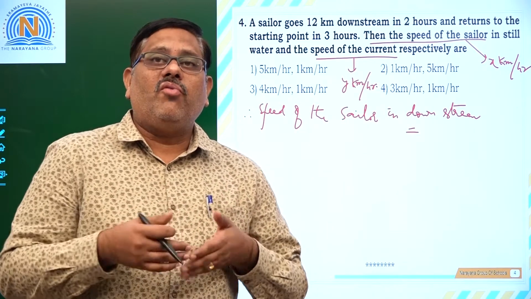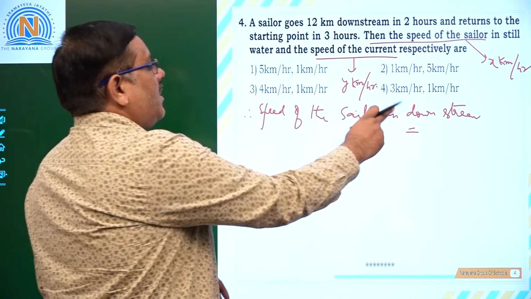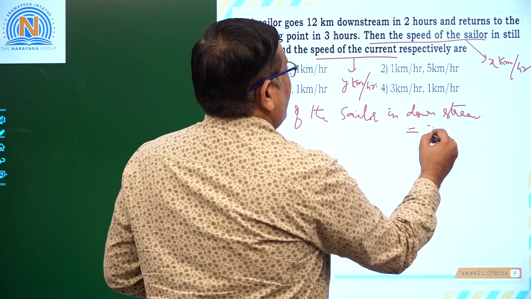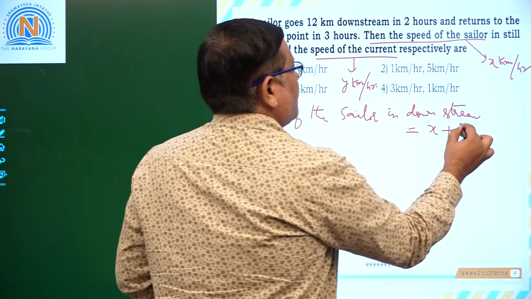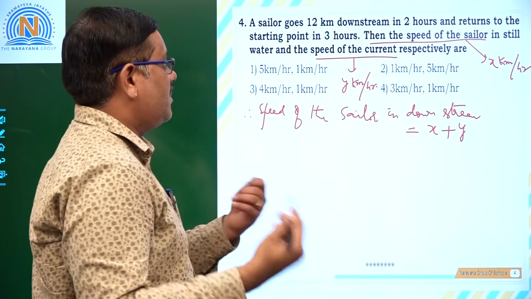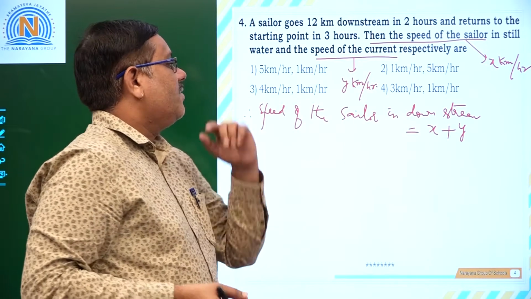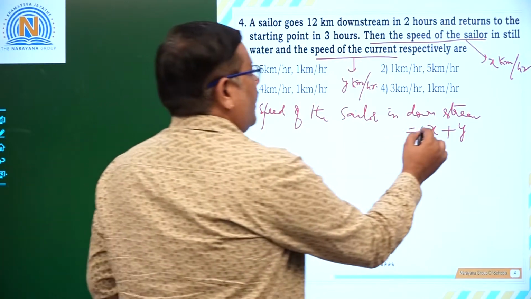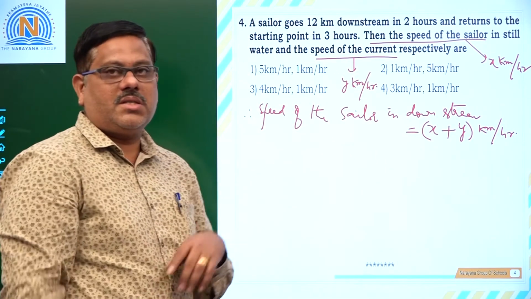So the boat can move fast. So if x is the still water sailor speed and y is the speed of the current, x plus y becomes the speed of the sailor in downstream, x plus y kilometers per hour. Speed will be increased in downstream, that is the point.